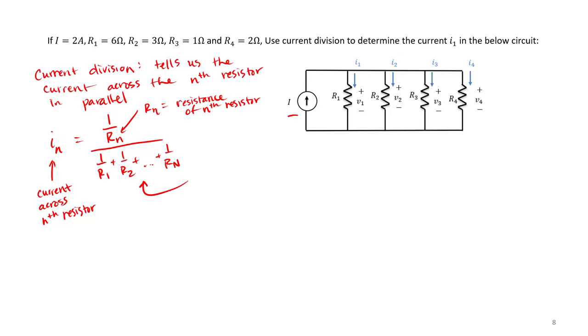So down in the denominator, we have the sum of all the parallel resistors. Notice it's 1 over R1 plus 1 over R2 plus all the way for each n resistor. And then that whole thing is multiplied by Is, where Is is the parallel current source.